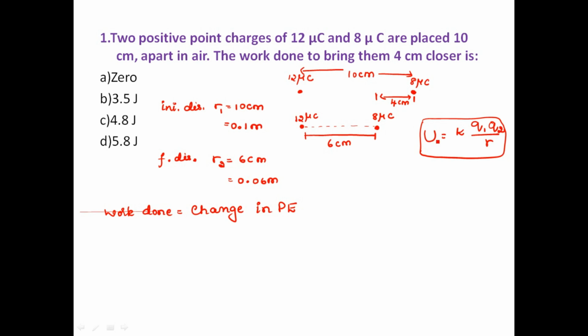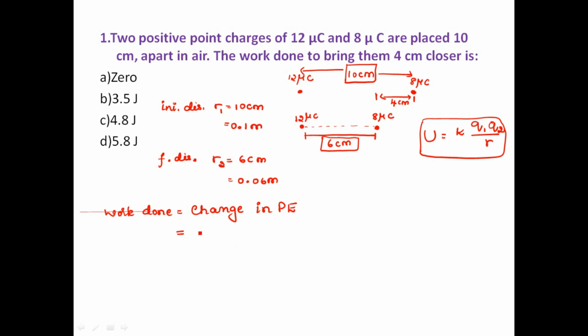So let us determine the potential energy between the two charges when separated by 10 centimeter, and also when separated by 6 centimeter. That gives us the change in potential energy.